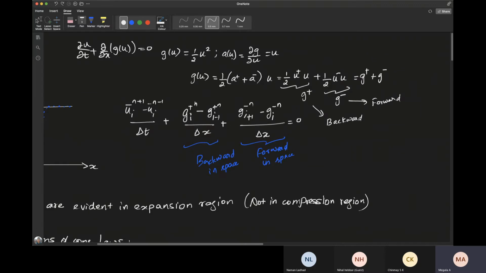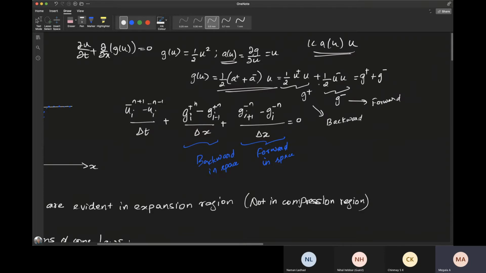Then we split this A of u into positive and negative quantities based on its sign. So we did Courant splitting and split this wave speed A of u, and then we made the assumption g of u equals half A of u into u, a property the inviscid Burgers equation satisfies. There, if we substitute A of u, we can split it into A plus and A minus.